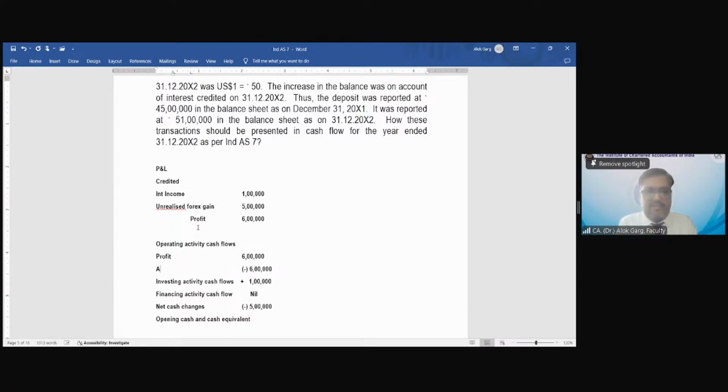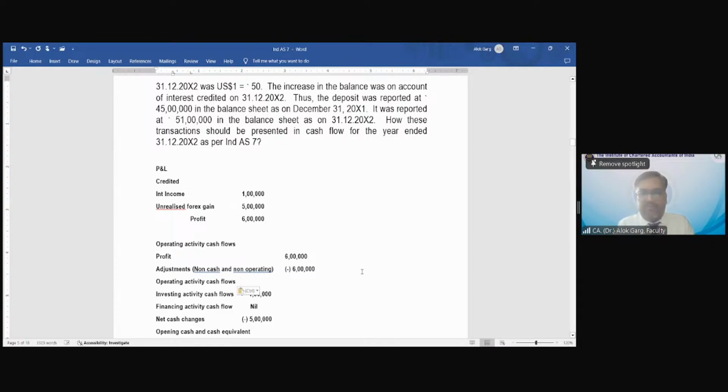And your adjustments, non-cash and non-operating. Correct? So what is my operating cash flow? What is my operating activity net cash flow? 0.